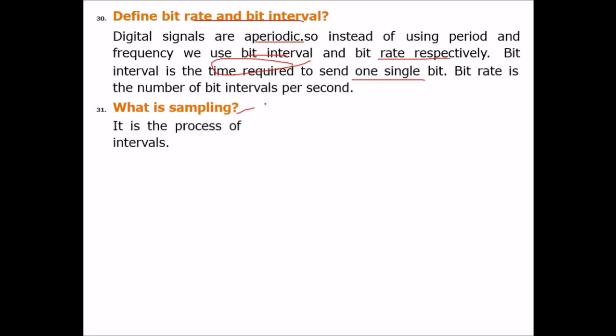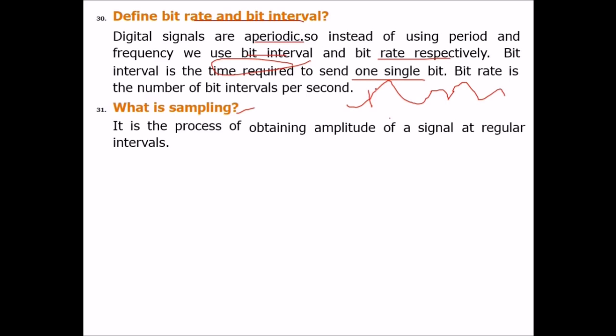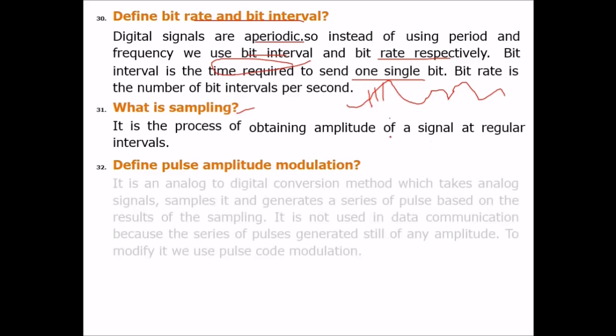What is sampling? Sampling is a process of obtaining the amplitude of a signal at regular intervals. So this is your signal, and you take the amplitude at regular intervals. This is sampling. It is used in making an analog signal digital, because for that you have to sample and then quantize. Define pulse amplitude modulation, that is PAM.